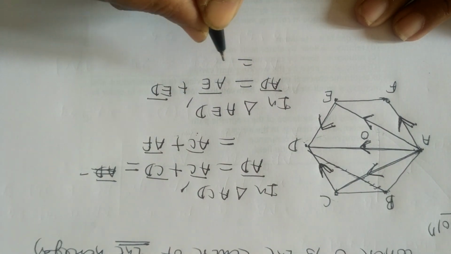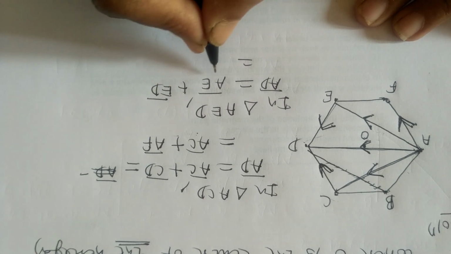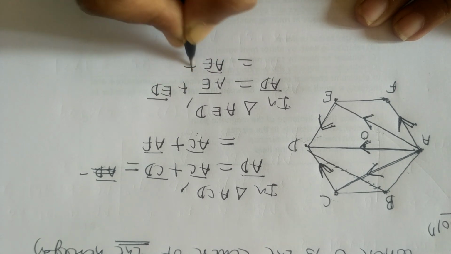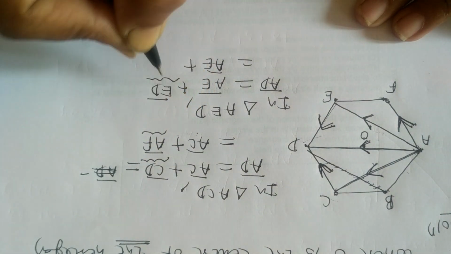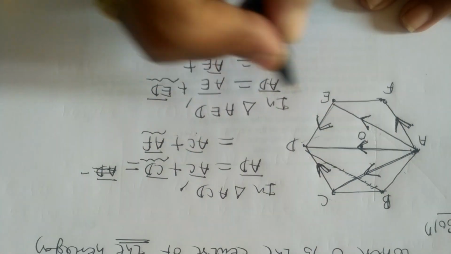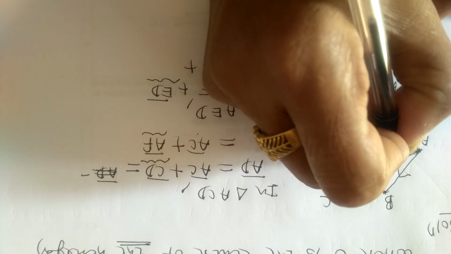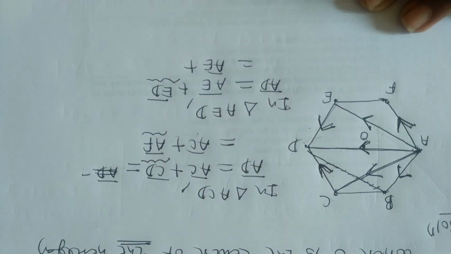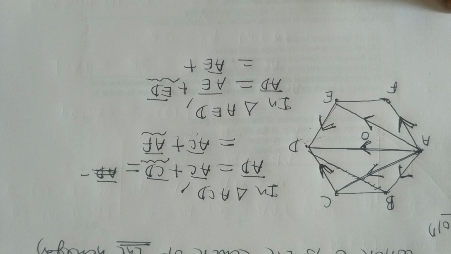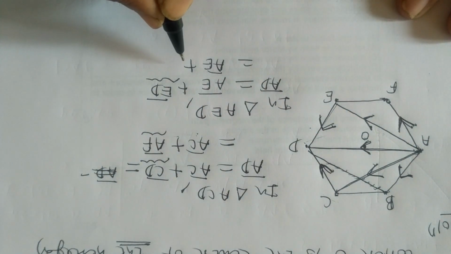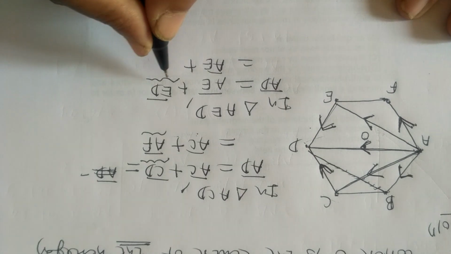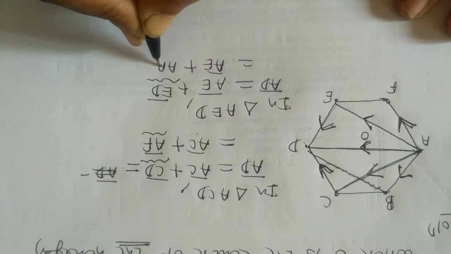But again by using the concept of regular hexagon, just as CD bar was replaced by AF bar, this ED bar is parallel to side AB and has the same direction, with initial vertex A and terminal vertex B. So we take ED bar as nothing but AB bar.